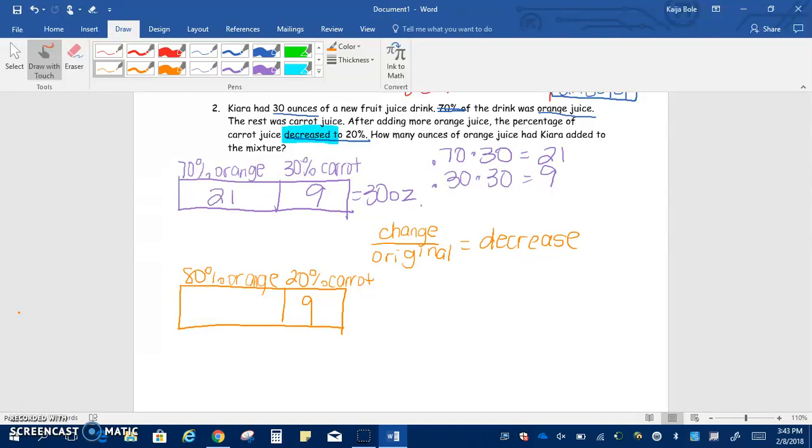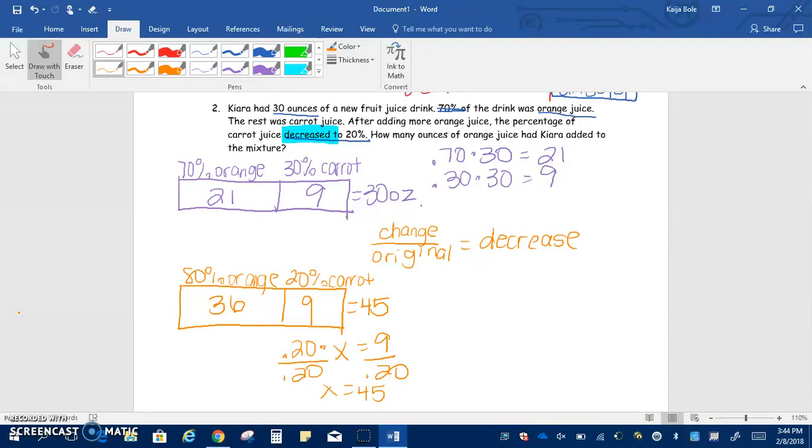So we take our 20%, so 0.2 times, we don't know the whole, so that's our x, equals our part of 9. If we divide by 0.2 on both sides, you get that x equals 45. So that's our whole. Now, of course, we can just subtract 45 minus 9 to give us 36 for orange juice, and that's 36 ounces.